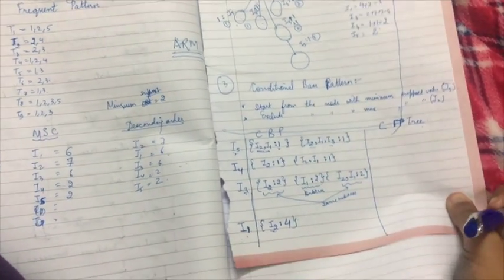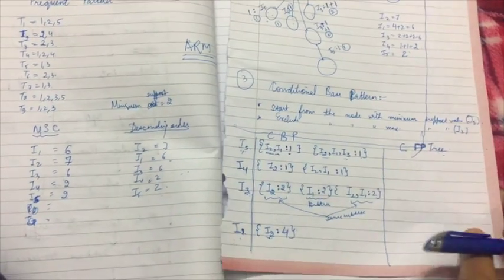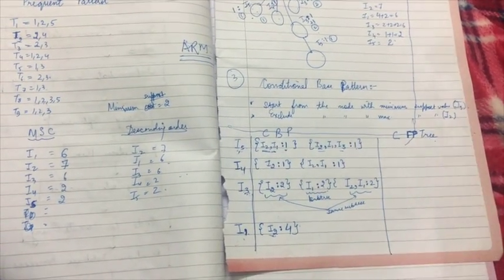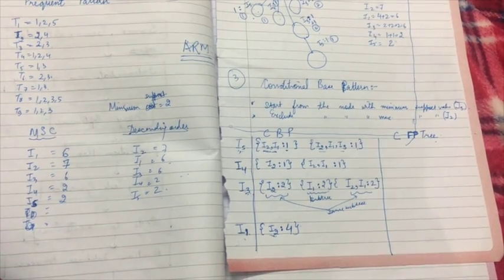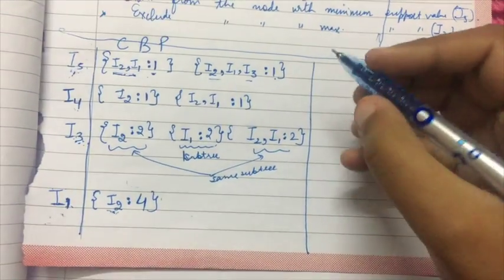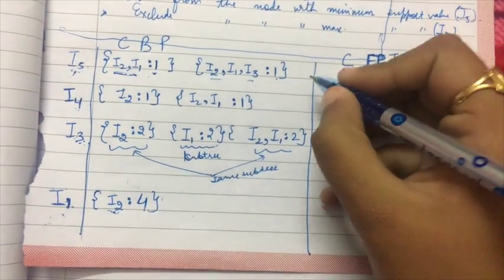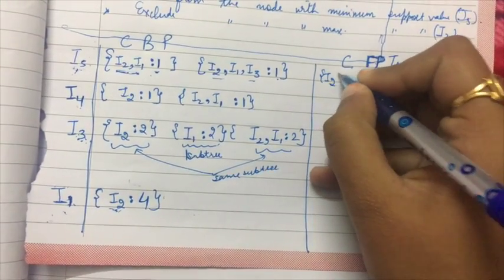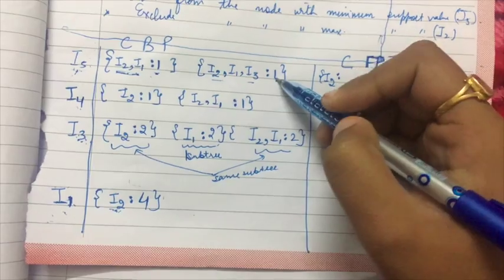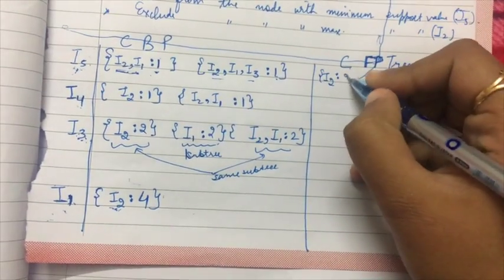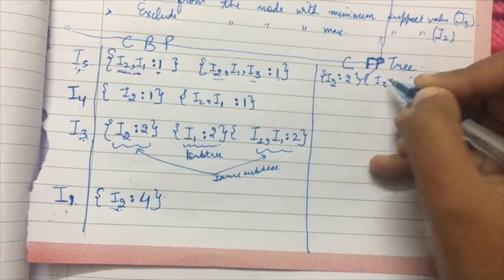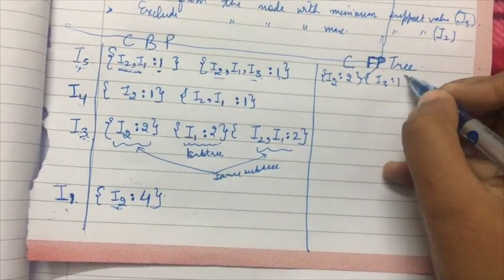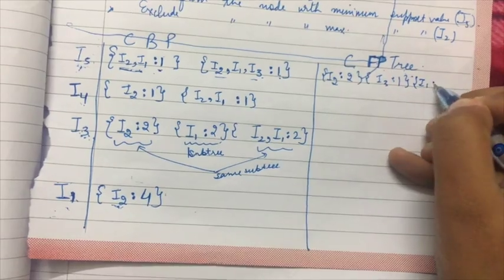Now our job is to make a conditional FP tree with the help of the conditional base pattern. We take items individually. I2 comes 2 times. I3 is taken only 1 time, and I1 is also taken 2 times.